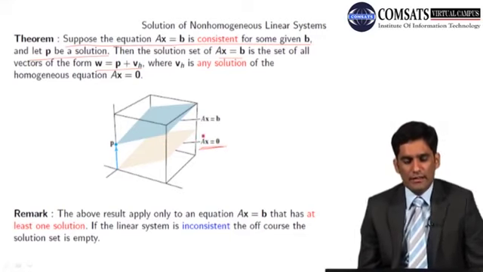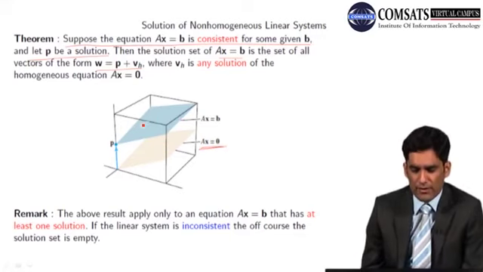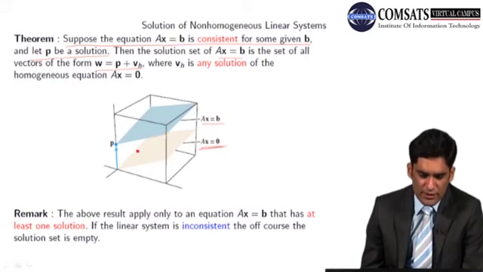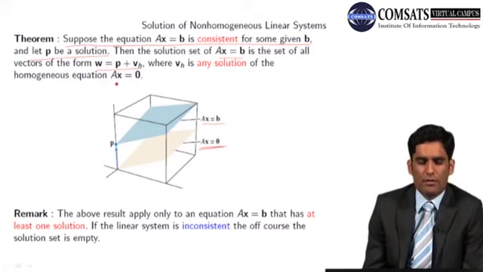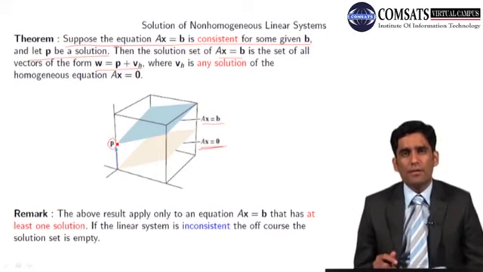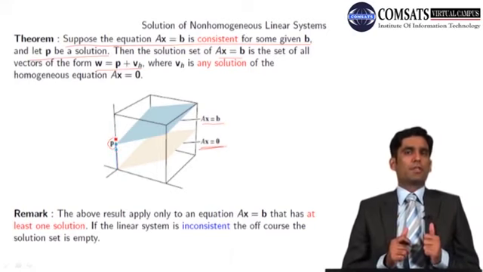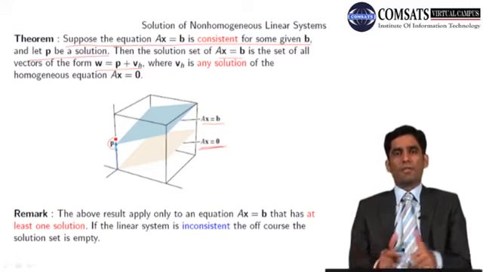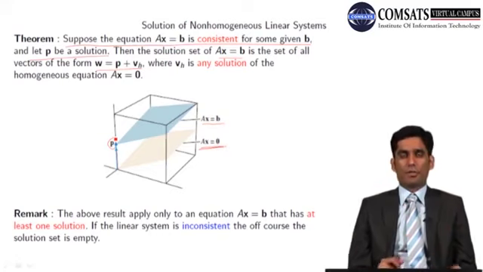And the blue plane is the solution of the non-homogeneous linear system, and you can say that it is just this plane translated by a vector p. It's just a translation. So if a non-homogeneous system of linear equations has a unique solution, then our homogeneous system will have only the zero solution.